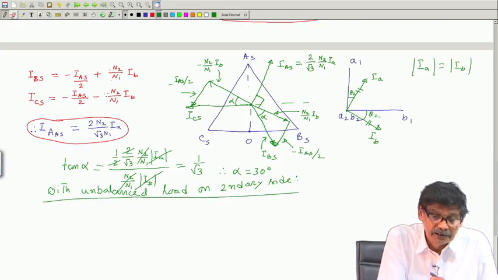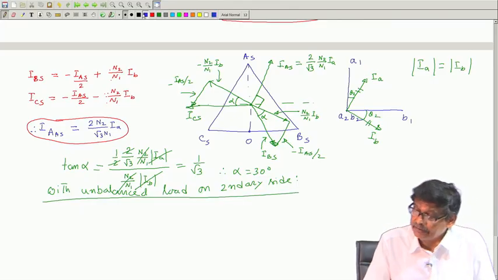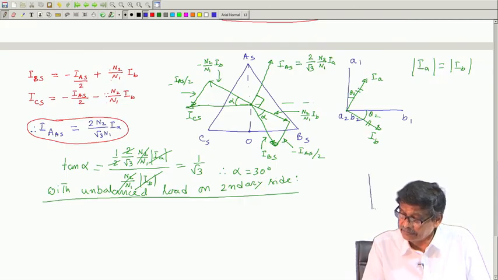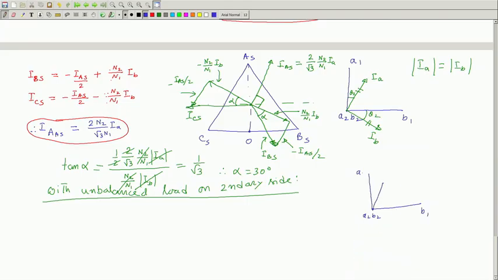no problem, because the secondary voltages are balanced, A 1, A 2, B 1, and this is A 2, B 2 neutral. Suppose the load you have connected is I A, and in the other phase you have connected a load I B whose magnitudes may be different, and these two angles are not 90 degrees.